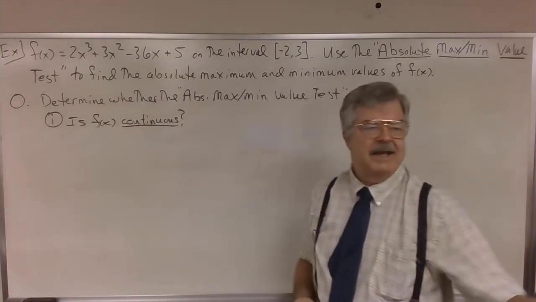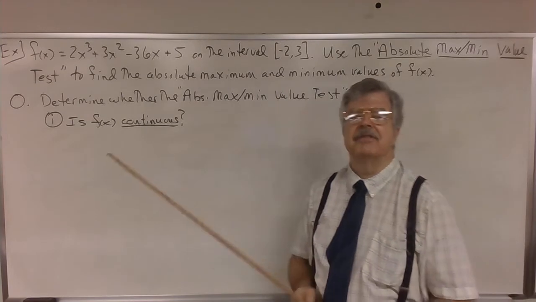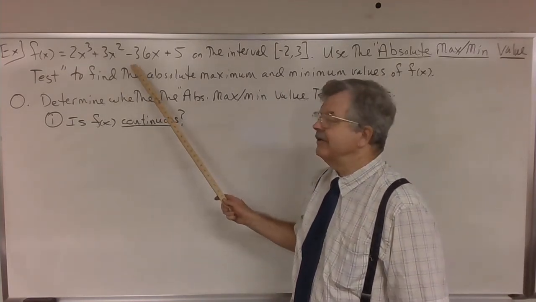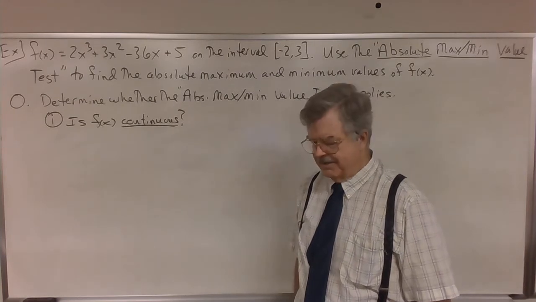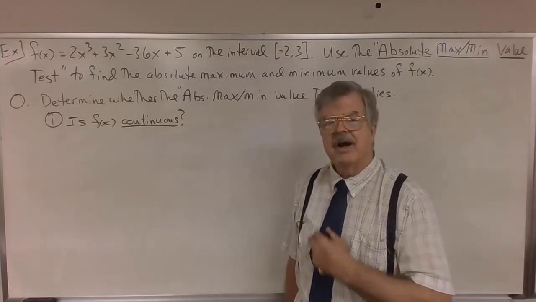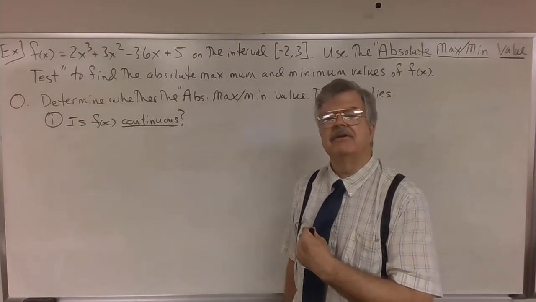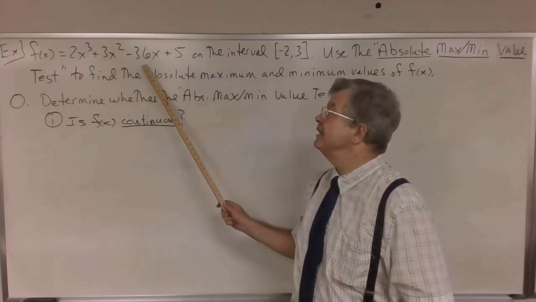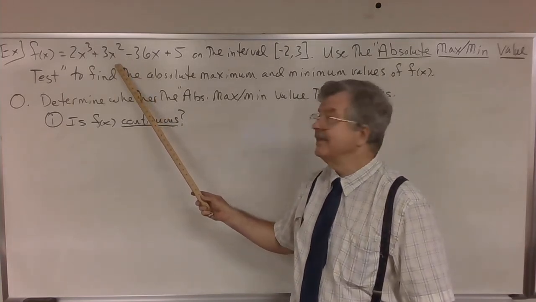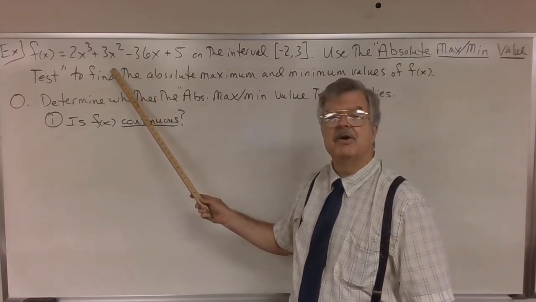And there's kind of an easy answer for this. Here's f of x. Is it continuous? What do you think? Probably the best way to show that this thing is continuous is to look at it and say, hello, this thing is a polynomial.